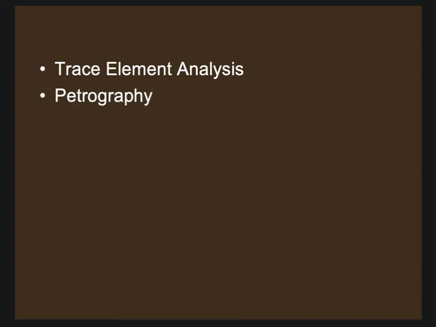Okay, so we've looked at trace element analysis. You're looking at elements. You can use this to identify the source of something like obsidian. Petrography, you're using polarized light to look at different minerals. It's used for sourcing of clay. Mass spectrometry can help you identify what an unknown substance is, what compound it is.